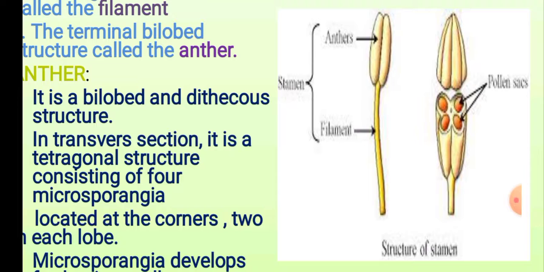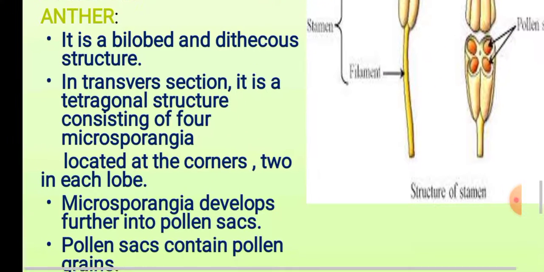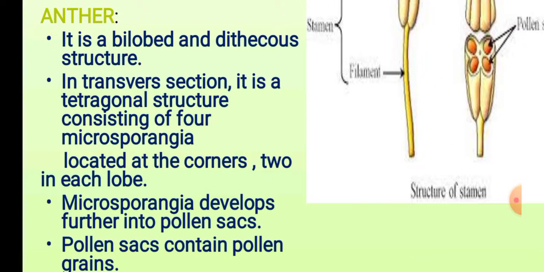When you come across the anther, you see it like this. Anther is a bilobed and dithecous structure. If you take the transverse section, it is a tetragonal structure consisting of 4 microsporangia. Look at the picture.